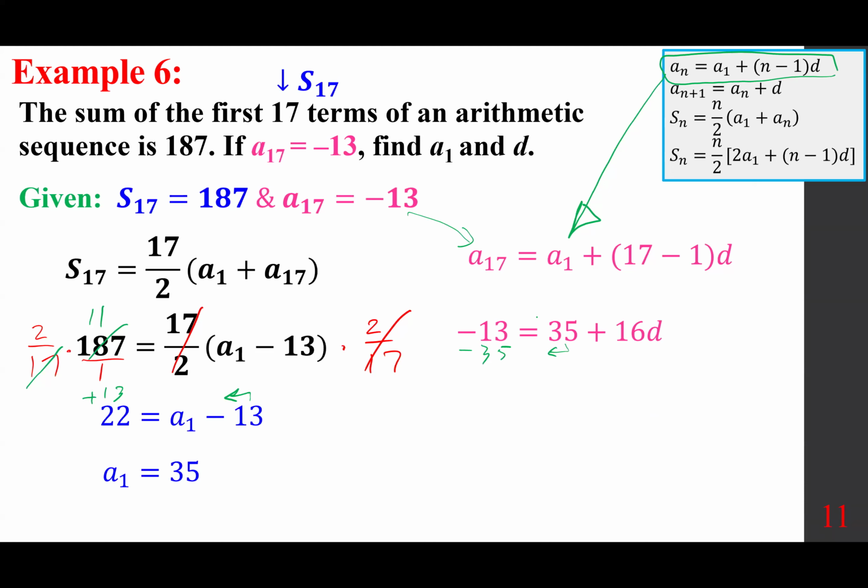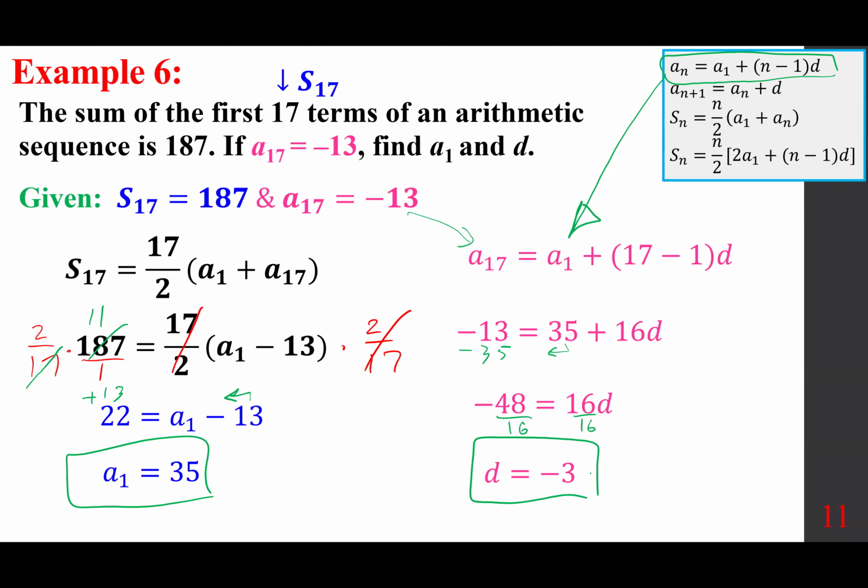Move the 35, you get minus 48. Divide both sides by 16. D becomes negative 3. So A1 is 35, D is negative 3. And we are done.